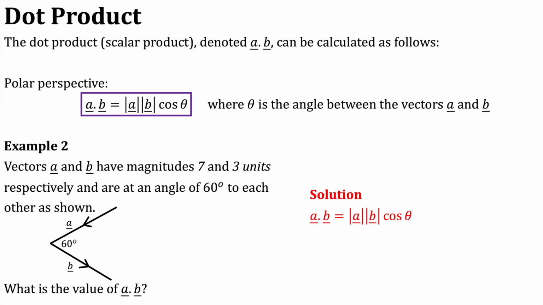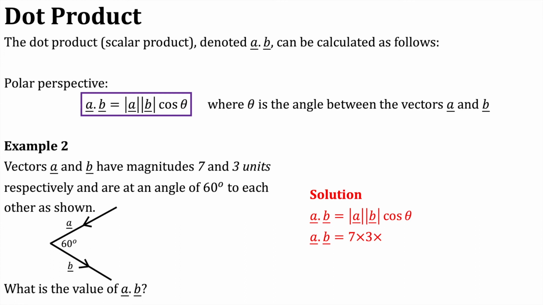But are the two vectors actually at an angle of 60 degrees to each other? If you look at that diagram, vector A is pointing towards the angle and vector B is pointing away from the angle. So that's not very useful at the moment.